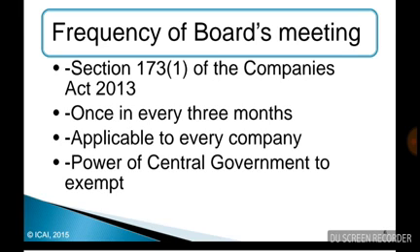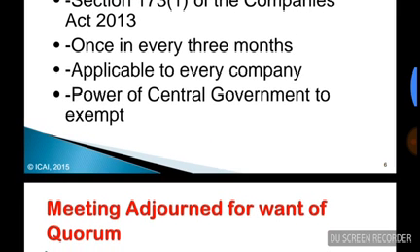Hence, they need not meet frequently. So for companies 3 months, for section 8 companies 6 months. I'm repeating the same content because these are numericals. These should get registered in your mind.